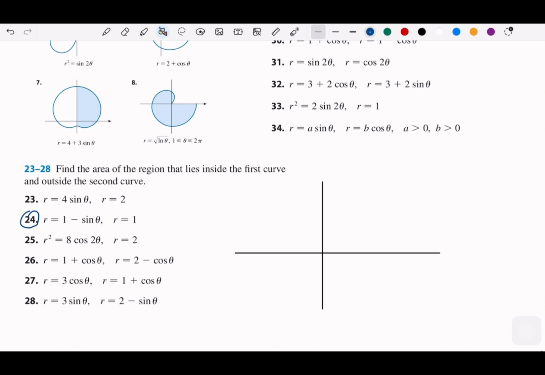Remember, if we have a cardioid with a minus sign, the big one should be on here, right? And this should illustrate how r equals 1 minus sine theta looks like. The value is 1 here, and this will be 0.